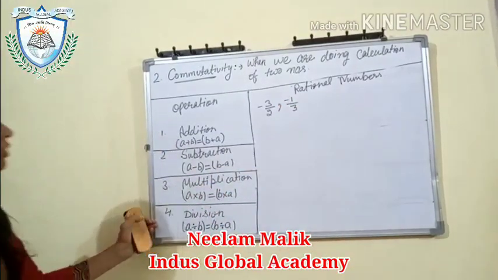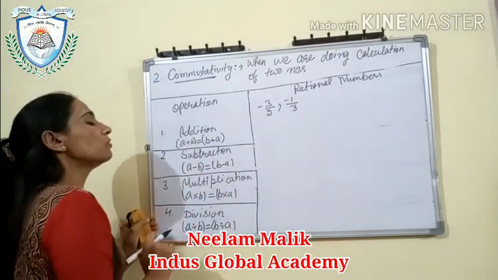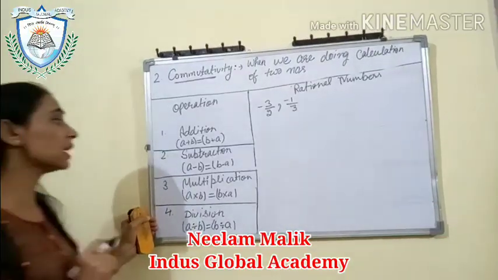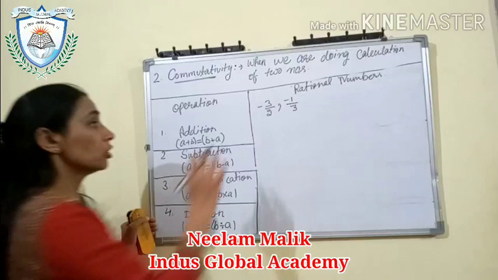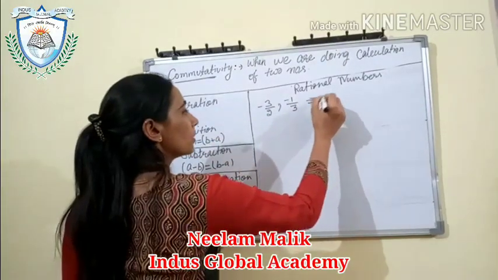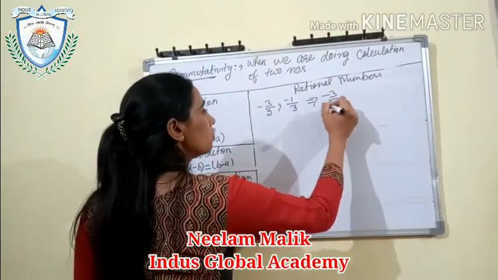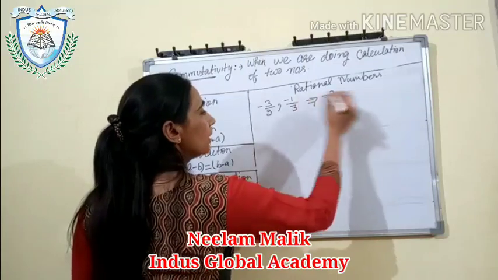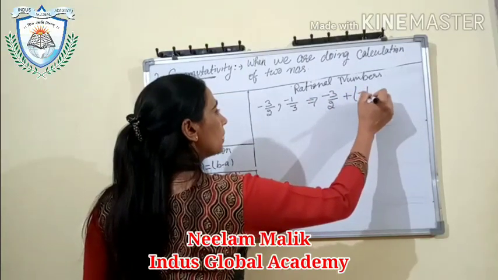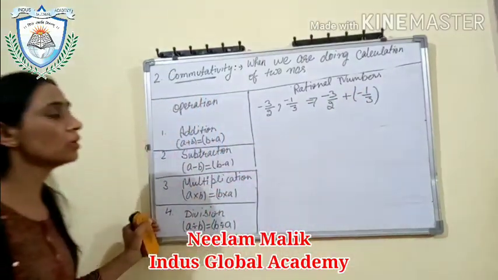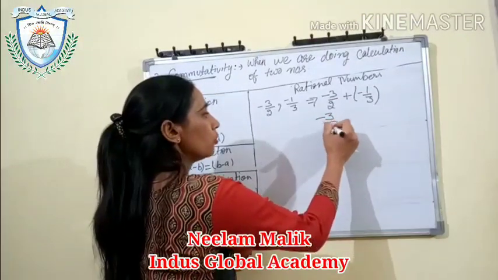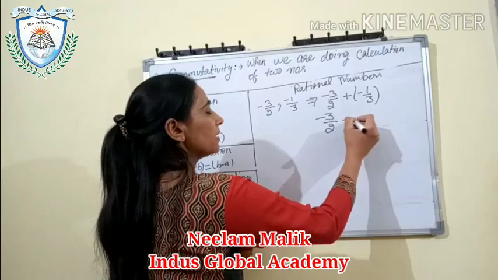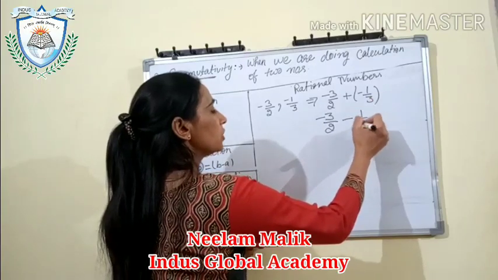Okay. So what we have to do? First we have to check whether a plus b and b plus a are equal or not. So let's do minus 3 upon 2 plus minus 1 upon 3.